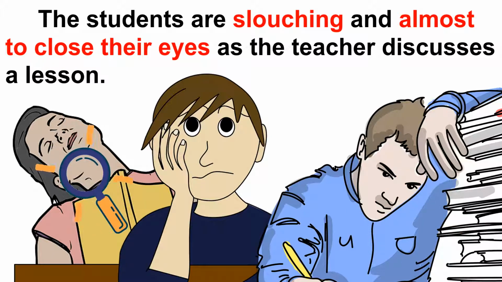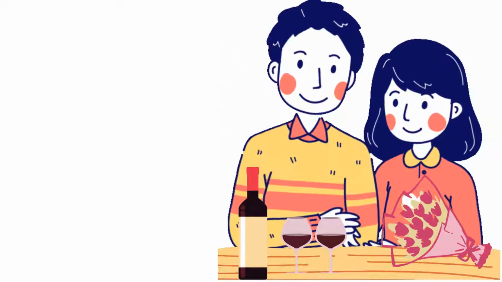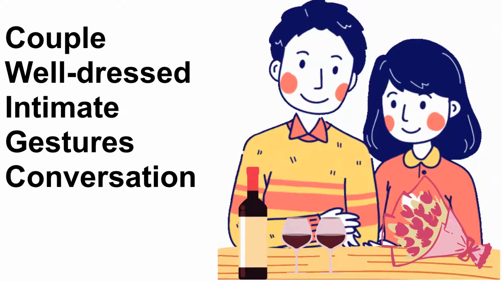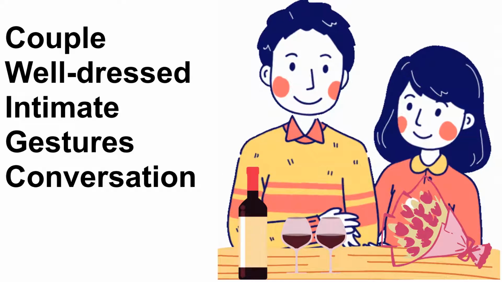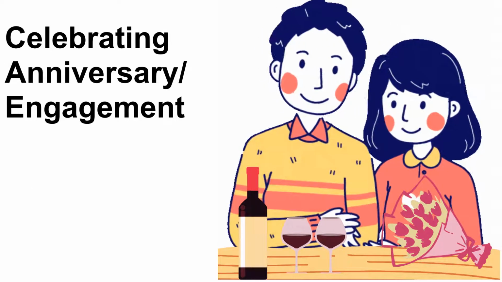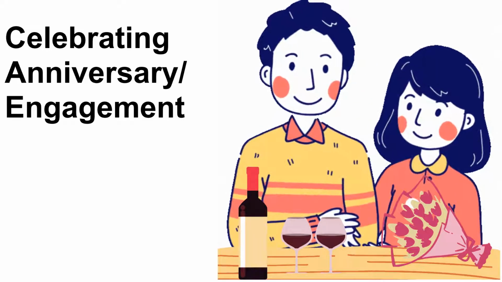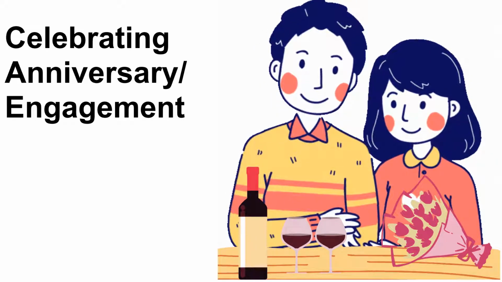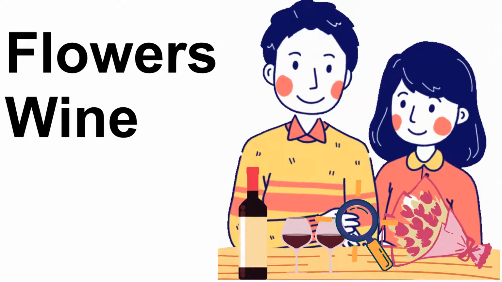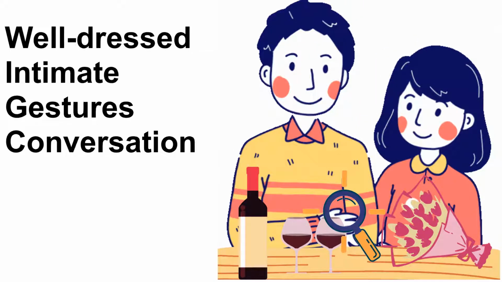Moving on with this example, a couple in a restaurant are well-dressed and are intimate in their gestures and conversation. We made an inference that the couple may be celebrating their anniversary or engagement because of the flowers in the picture, as well as the wines and the phrase, well-dressed, and are intimate in their gestures and conversation.